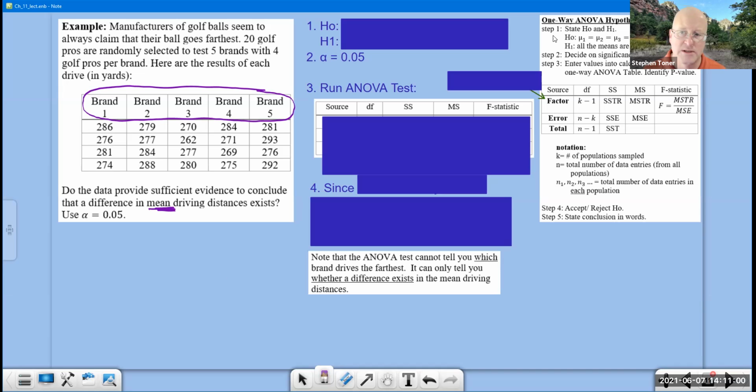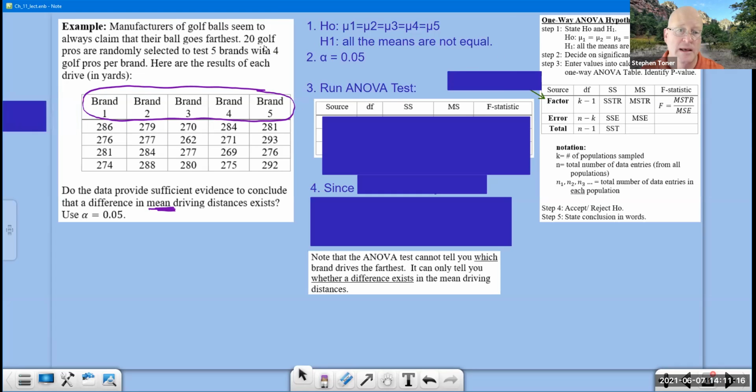Now, when it comes to writing down the hypotheses, I told you to have these steps listed off to the side. We write our null and our alternate hypothesis. Now, this is a borderline parametric test, but we can't write the hypothesis the same way. We're going to begin by saying mu1 equals mu2 equals mu3 equals mu4 equals mu5, however many means are involved, however many lists we have.